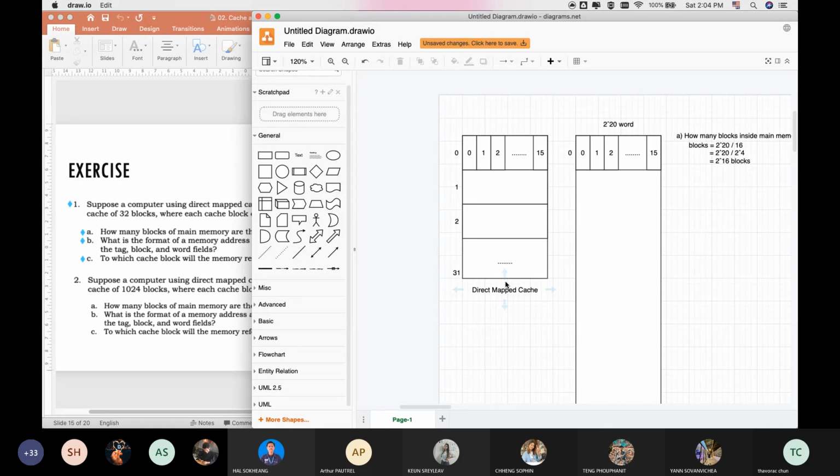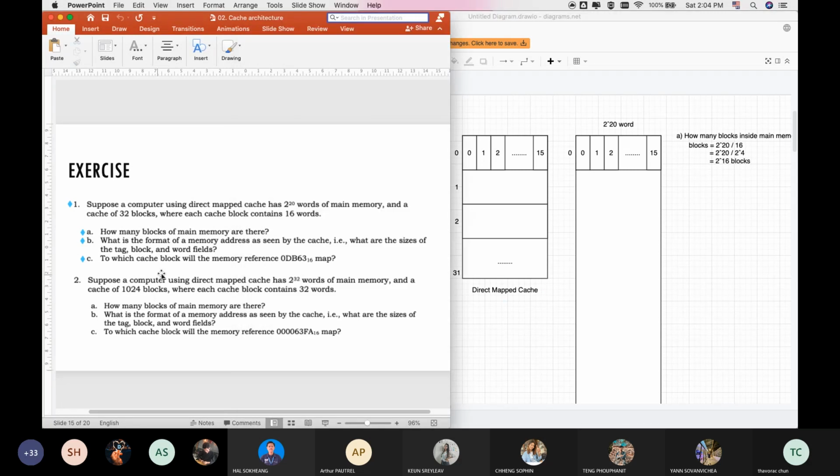So what we have is just one single address, but it can be converted to different types of address format. So the question here is, with that memory address, how can it be converted for our cache?